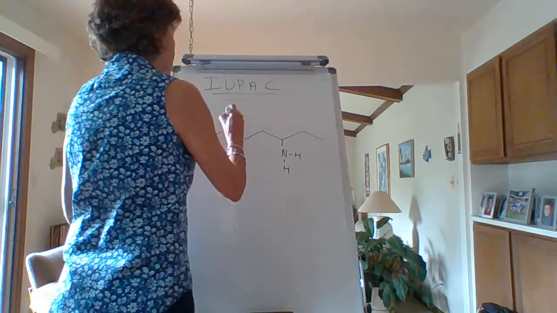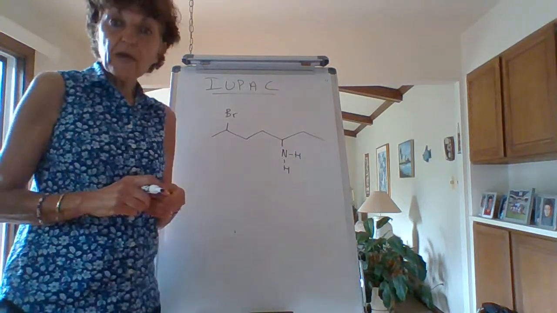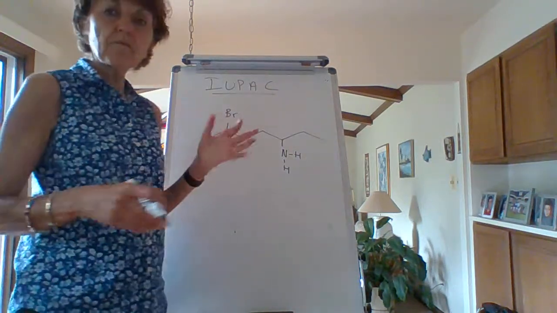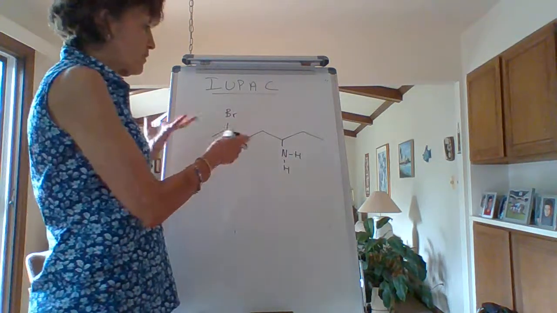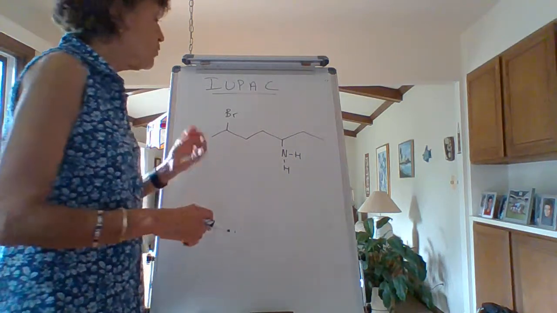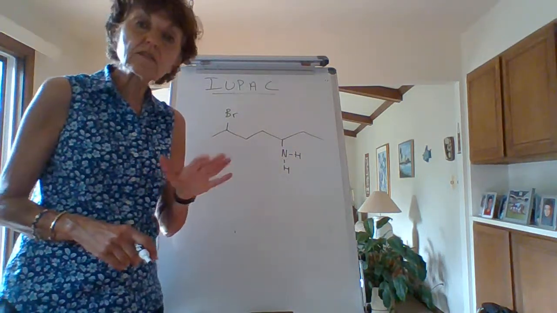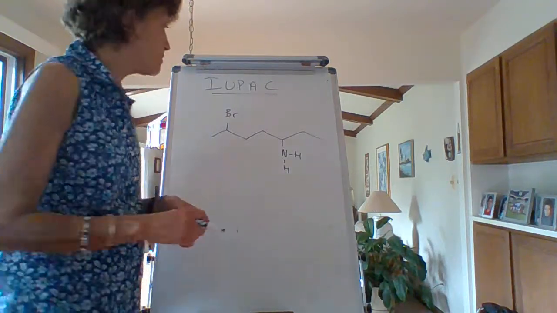And let's say I have a bromine over here. Okay? So I'm going to do the IUPAC naming. Normally when you have a big, long, complicated molecule, you don't even try to do common names. But for this one, we're just going to do the IUPAC name.